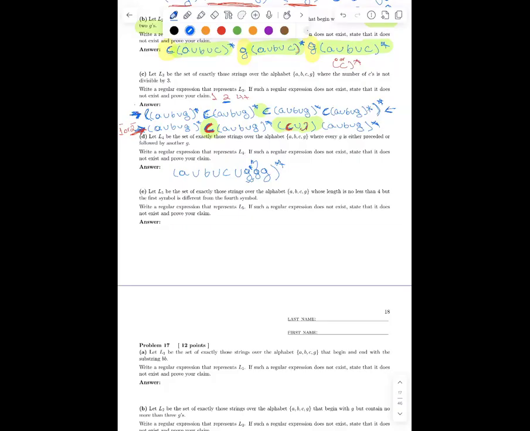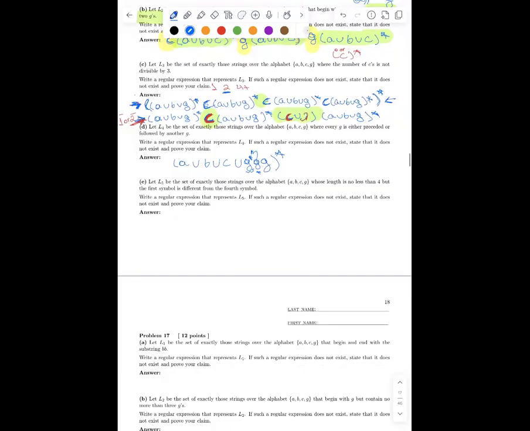Do not get confused when you see in G, they're preceded or followed by another G. You can still have A and B or C. But once you see that I need to use G, my G has to be preceded by another G. But I can get more Gs. I can get 3, I can get 4 Gs, but they have to be preceded by another G. So that's my answer to D.